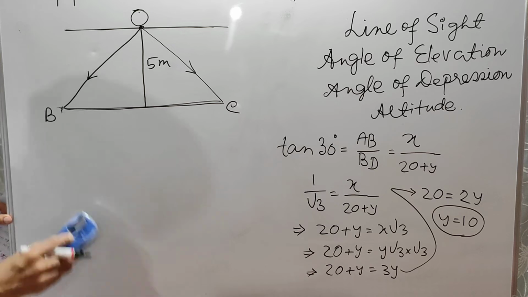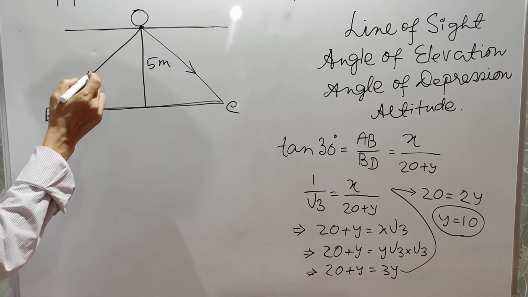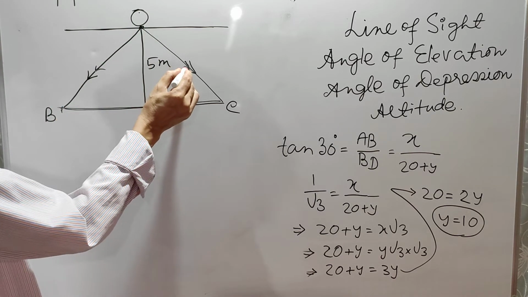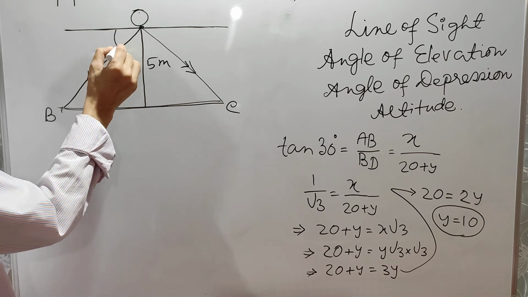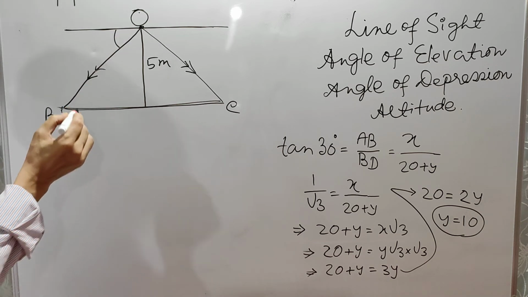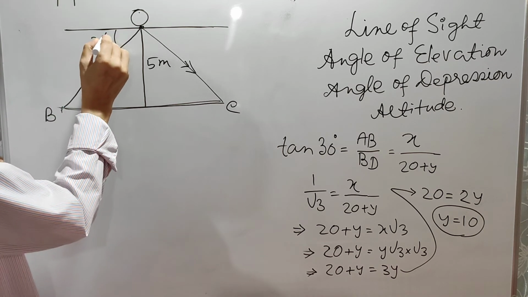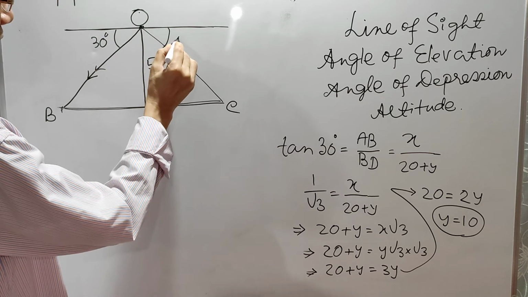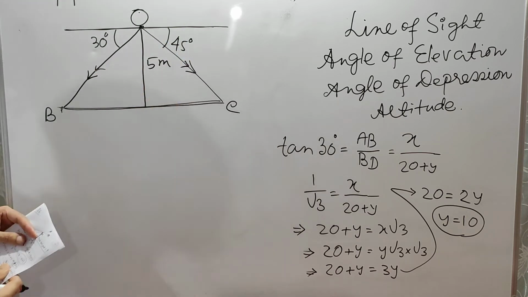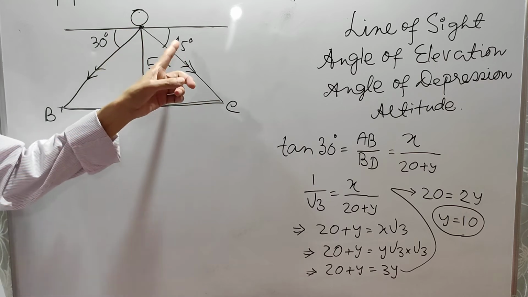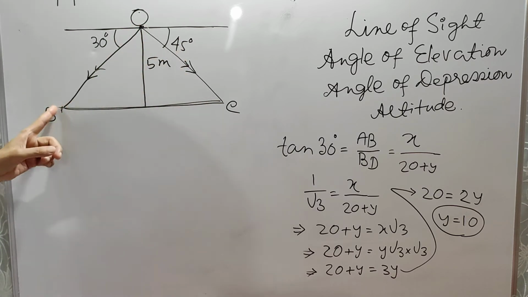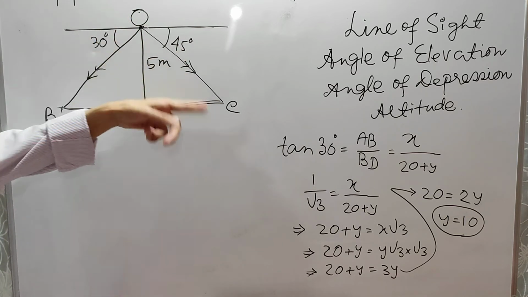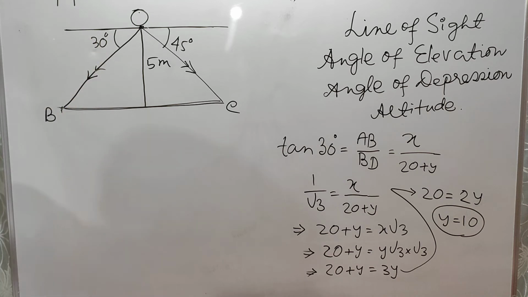Now O is the position of the observer, and he is looking down. This is the line of sight, and here this is the line of sight. The angle of depression is given as 30 degrees, and this angle of depression is given as 45 degrees. When he looks at C, the angle of depression is 45 degrees. When he looks at B, this angle is 30 degrees.